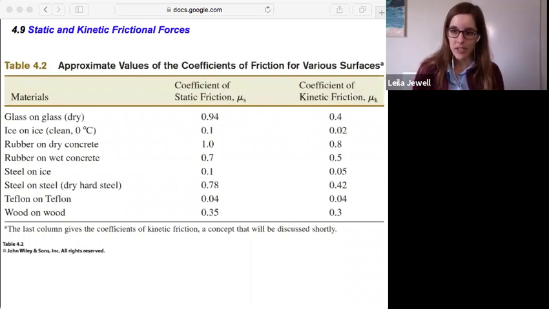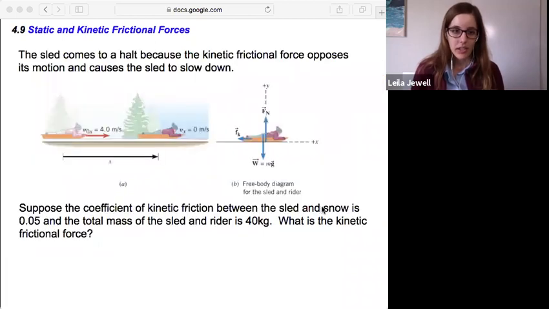So with this in mind, you can look at an example where there's, say, someone on a sled, and they're moving with some pretty good speed, 4 meters per second, but after some distance, they stop. Why do they stop? Well, there's this kinetic frictional force that opposes the motion of the sled and causes the sled to slow down until it stops. Once the sled stops, there's no more kinetic friction because it's not moving.